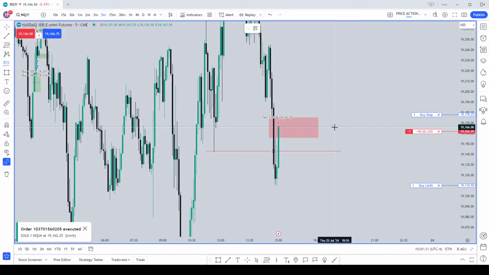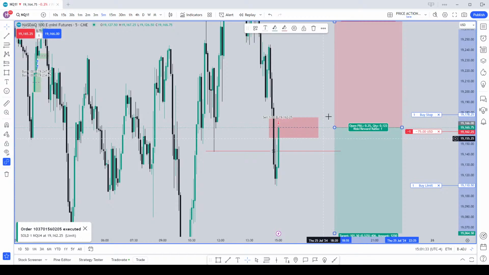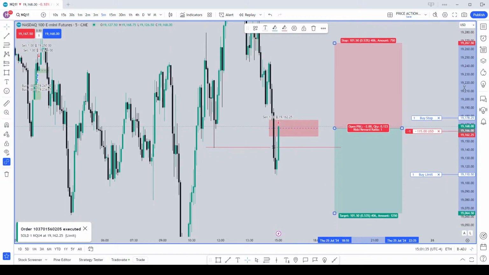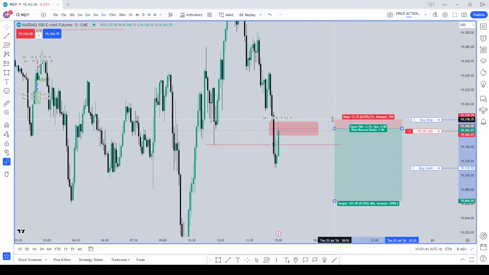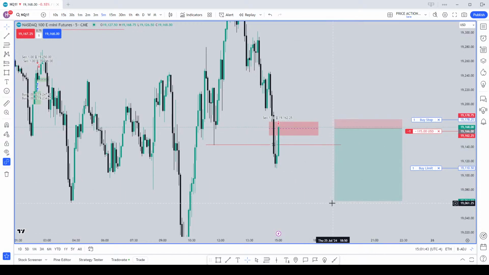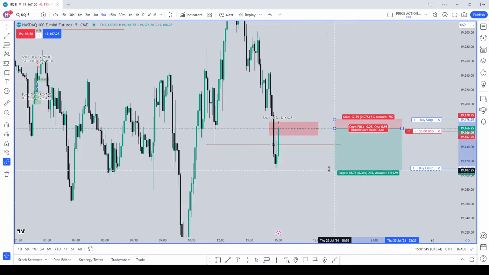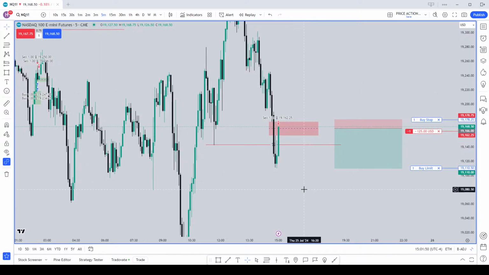We are filled. Tight stop on this one. We want to see it respect this gap.